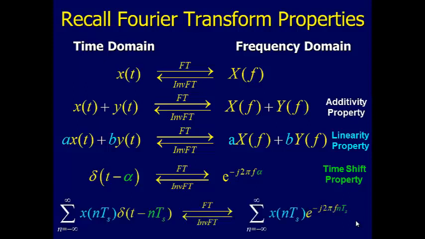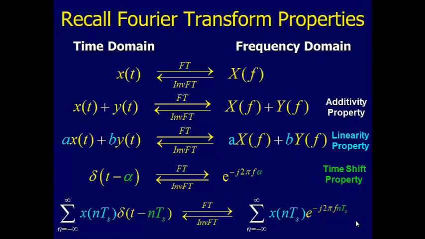Well, here's our description of a discrete time signal. It's a bunch of weighted, shifted impulses, a whole sum of them. Well, with these rules, I can exactly predict the continuous time Fourier transform of the summation. It's also going to be a summation. It's also going to be scaled.